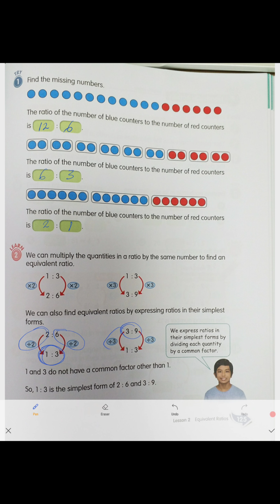Each side is divided by 3 and we get our simple ratio 1 to 3. So when you have big numbers in your ratio, focus on your common factors. How can you simplify the ratio?